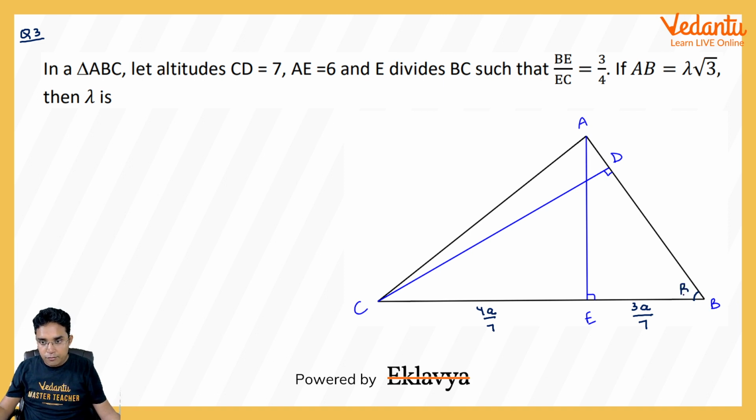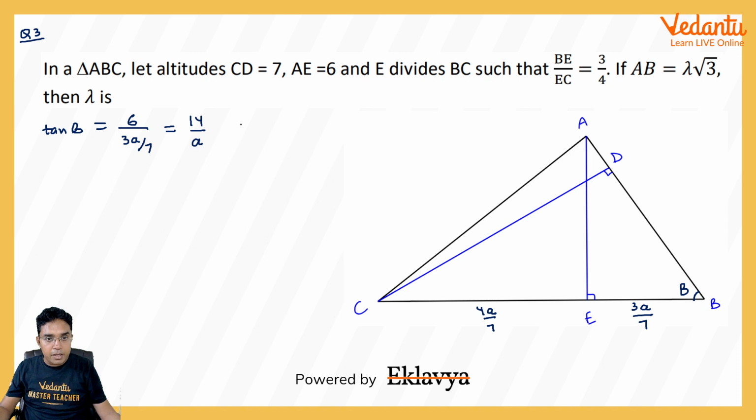So if I take tan B, what will be my tan B? If you look at it, it will be AE upon EB, and AE length is 6 upon EB is 3A/7. So we will be getting this as 14/A.